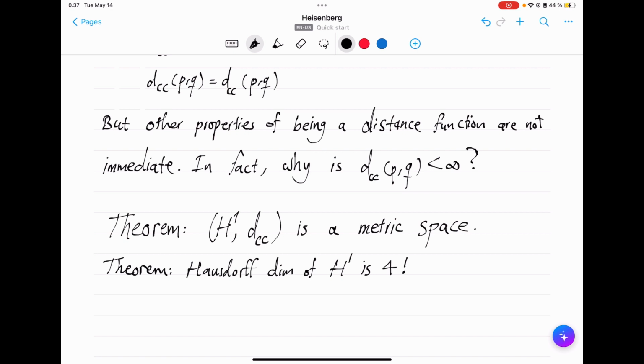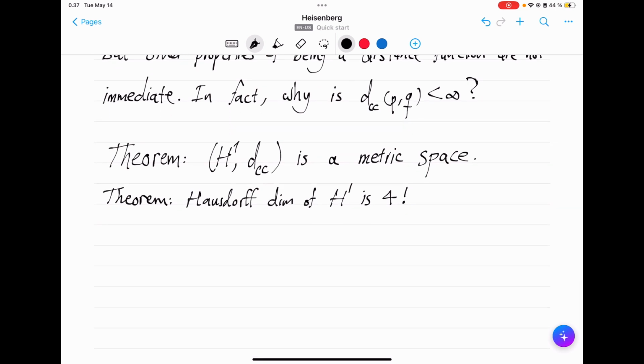And of course, there are many more surprising facts about Heisenberg groups, even just H1. And that's why this metric is quite interesting. We will get into details later on. So far, again, we just looked at H1 as a manifold. We looked at special vector fields, and from that constructed a metric.